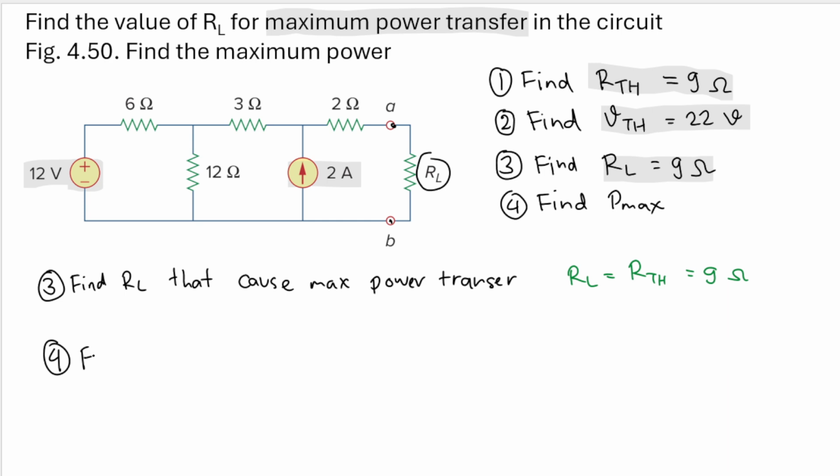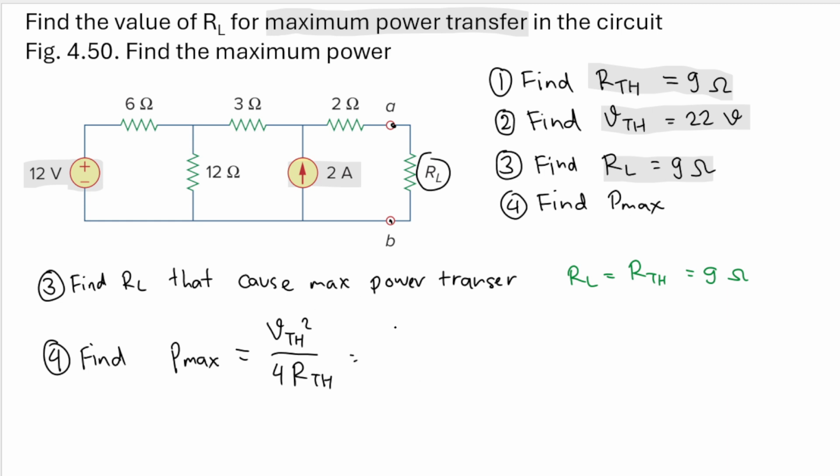Number 4, find Pmax. And remember, the formula of Pmax is equal to VTH squared divided by 4 multiplied by RTH. Good. We already have the VTH here.